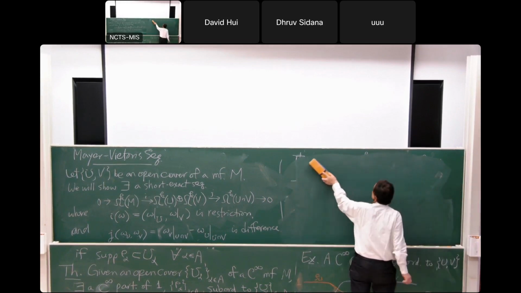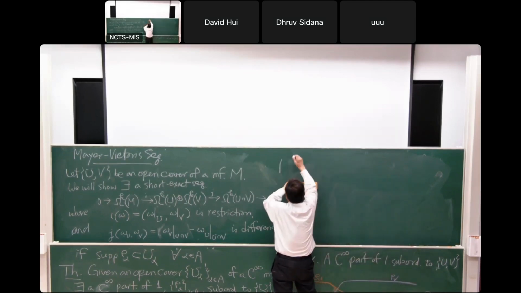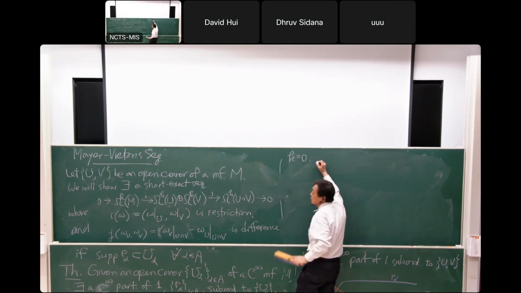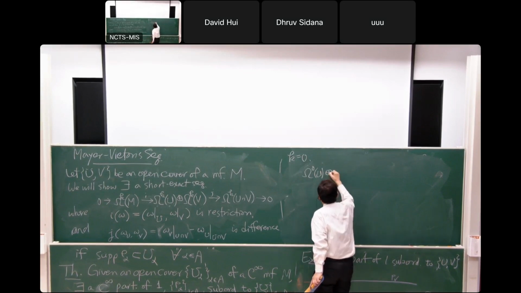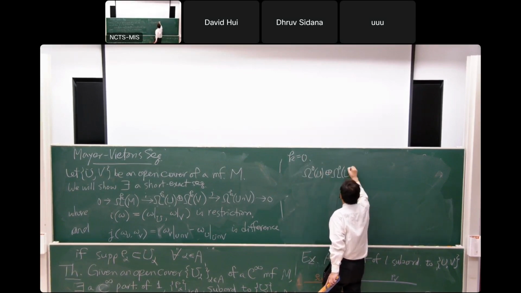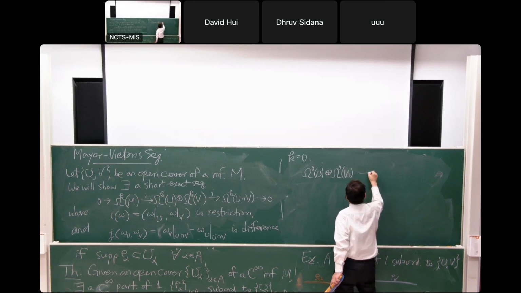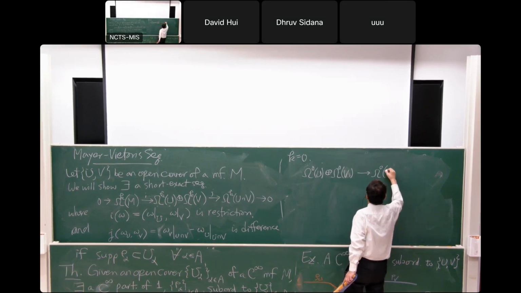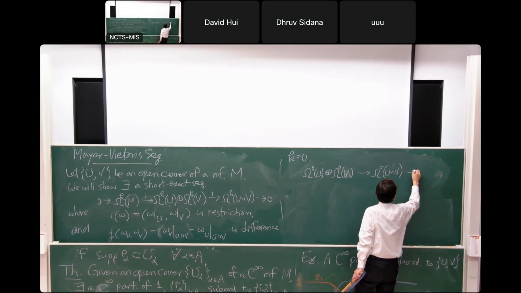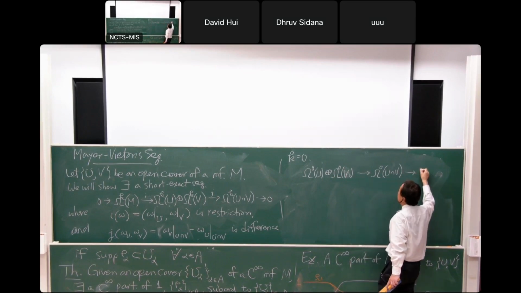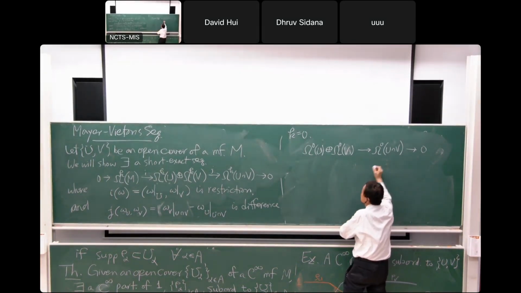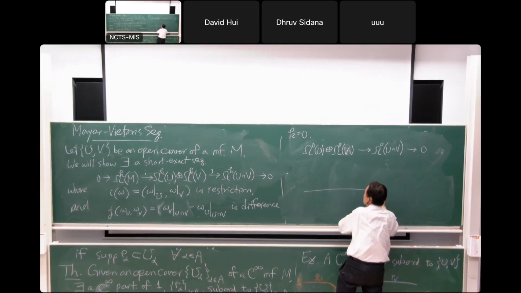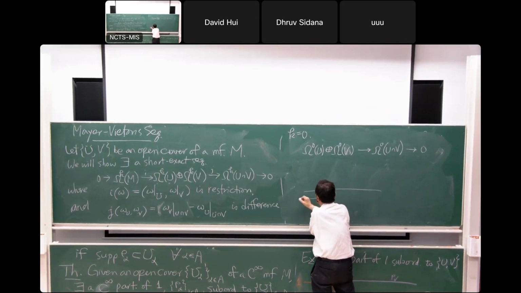Let's just look at the k equal to 0 case. For k equal to 0, we have to show that given a C infinity function on the intersection, you have to be able to write it as the difference of two C infinity functions. So, for example, consider this function.